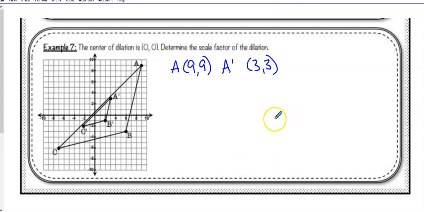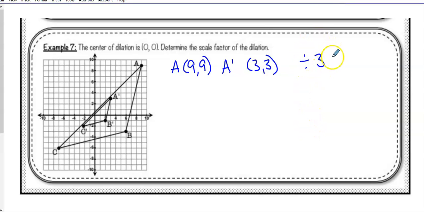Well, what I just need to do is determine, okay, to get from the A to the A prime, what would I have to do? So how do I get from 9 to 3? Well, I would divide by 3. I know it is a reduction because this triangle is a lot smaller than this big one. And so if it's a reduction and I'm dividing by 3, I need to put this in terms of multiplication.